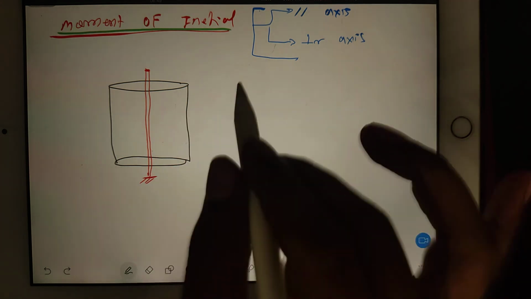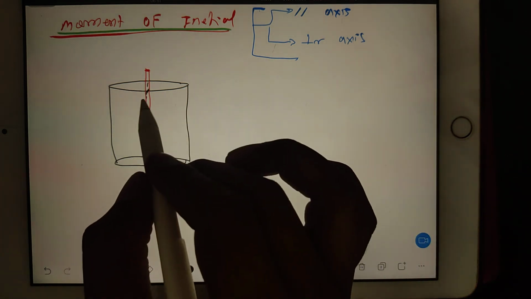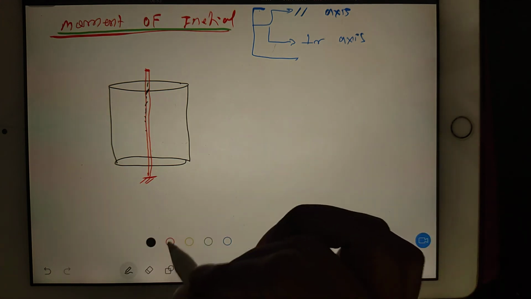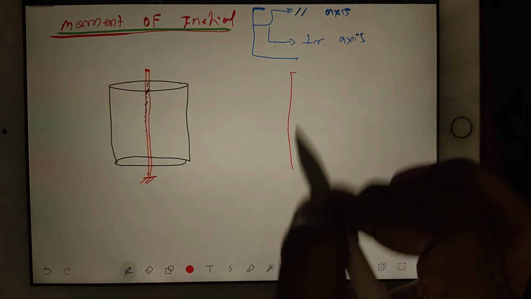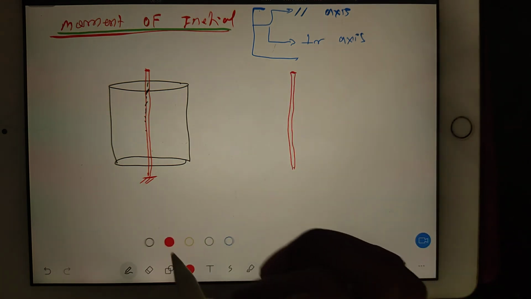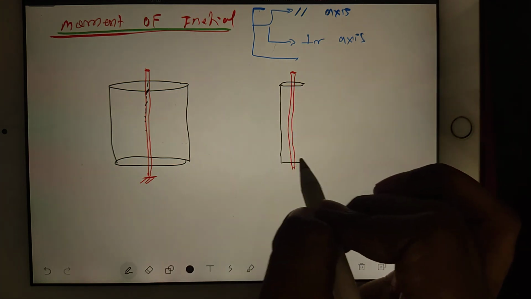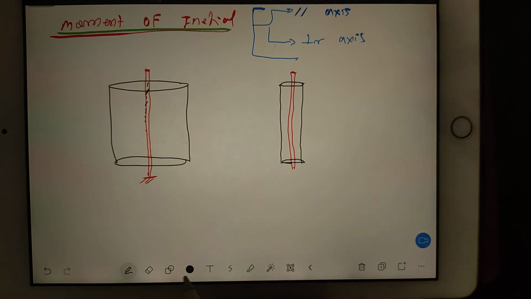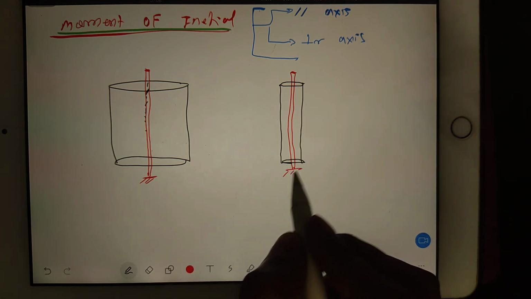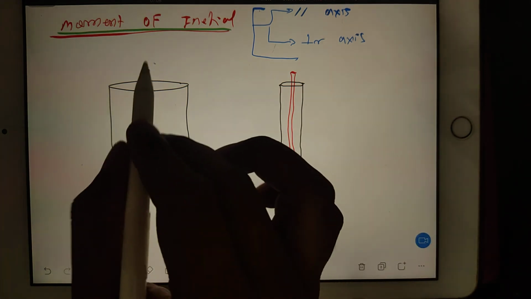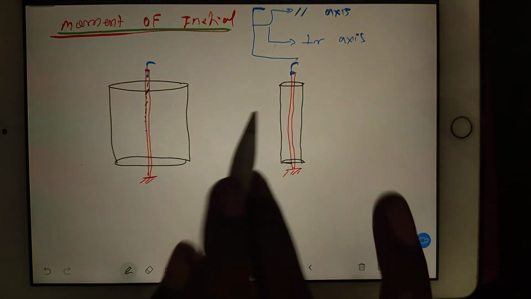And suppose everything is the same, whatever friction quality is here, same friction quality, I am going to make one more cylinder. But this cylinder I am going to make a very slim cylinder like this. Everything is the same, friction, oiling, how much oil I have put, everything is the same.